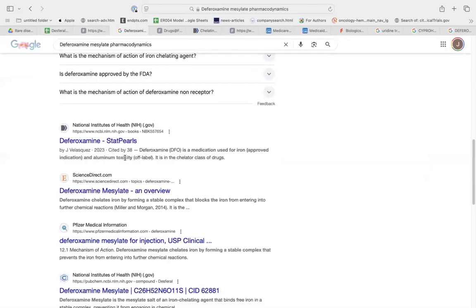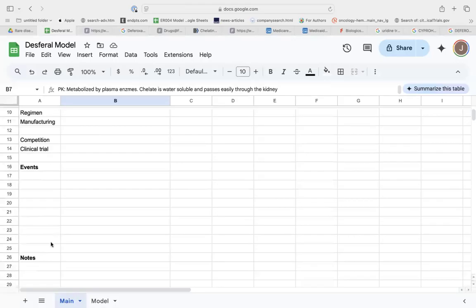Oh, interesting. Seems like it has some off-label use in aluminum toxicity, so we should check it out here.